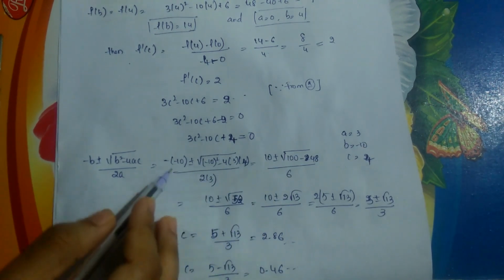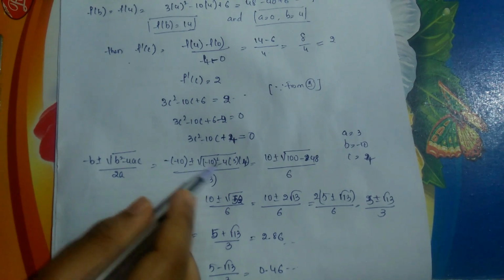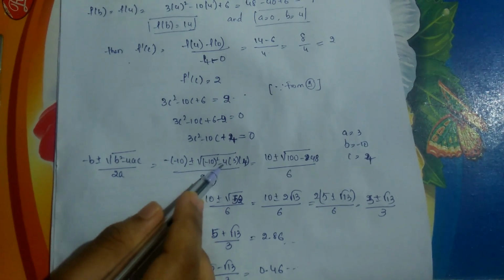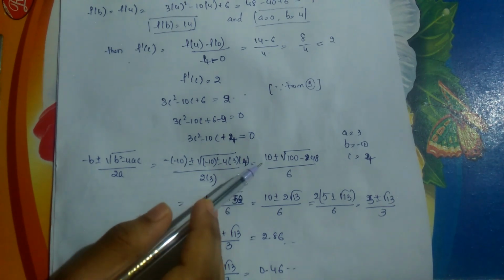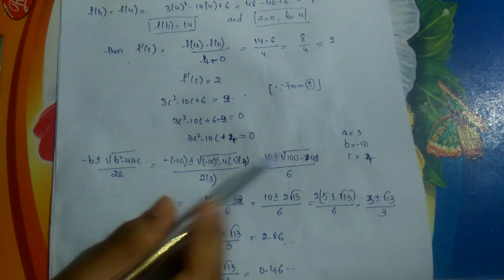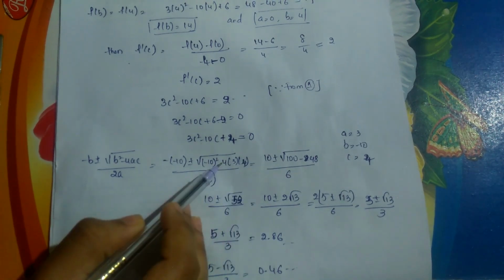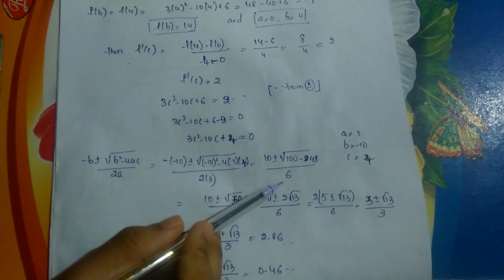Substituting the values, we get minus of minus 10 plus or minus under the root of minus 10 whole square minus 4 into 3 into 4, divided by 2 into 3. That equals 10 plus or minus root of 100 minus 48, divided by 6.